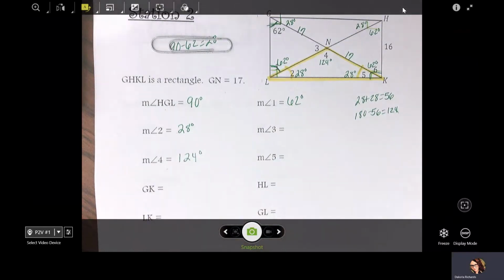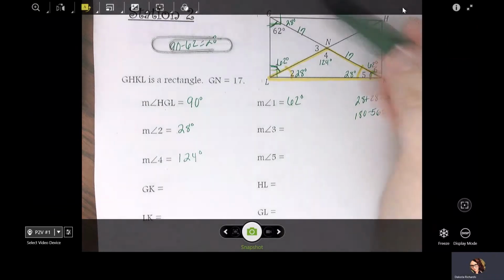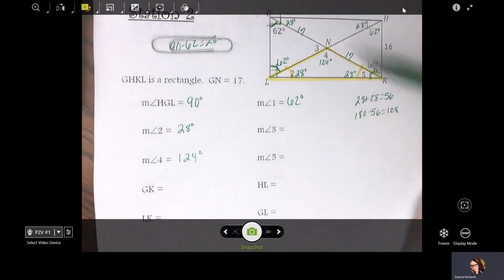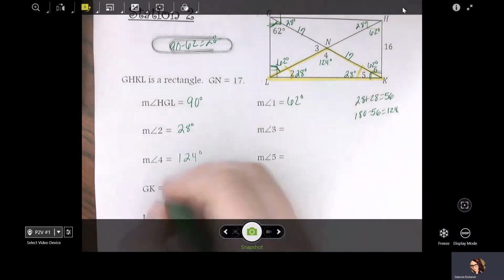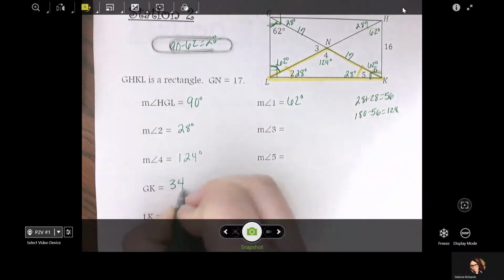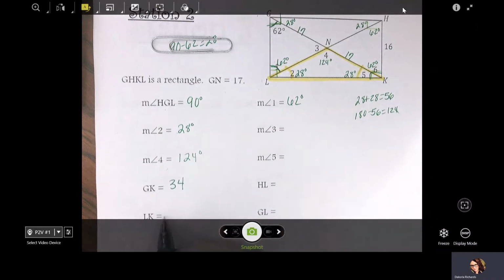Okay, GK. GK is this entire diagonal. That's just going to be 17 plus 17, which is 34. And then LK. So we have some information.